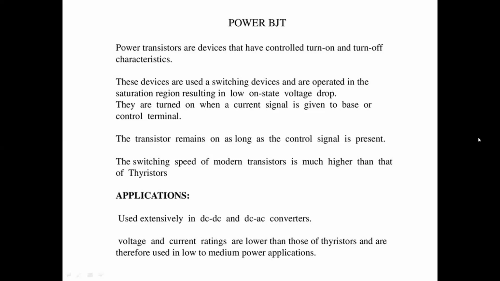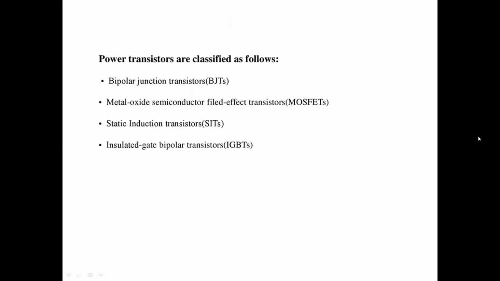When we talk about the application, they are used extensively in DC to DC and DC to AC converters. Like thyristors, their voltage and current ratings are much lower than those of thyristors, and they are therefore used in low to medium power applications.